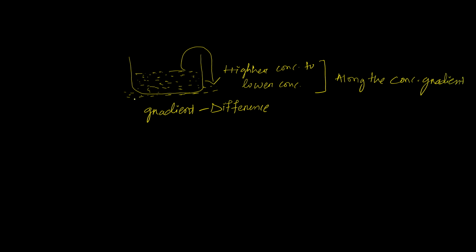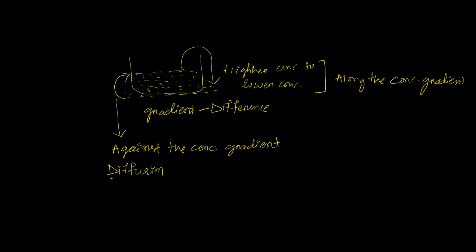If we reverse the arrow mark, then from lower to higher, it will be against the concentration gradient. So what is the definition of diffusion? Movement of molecules along the concentration gradient.